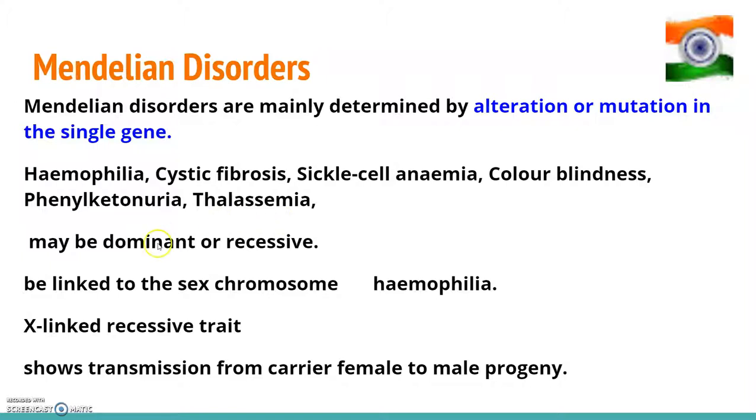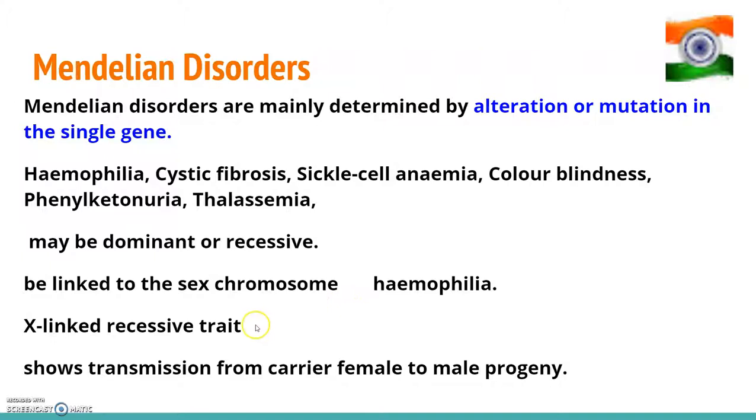These Mendelian disorders can be dominant or recessive, as we have studied in the pea plant. By pedigree analysis, we can easily understand whether the trait we are studying is dominant or recessive. The traits may also be linked with the sex chromosome, like in the case of hemophilia.